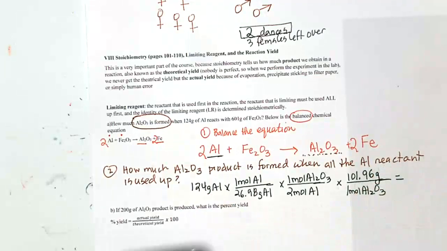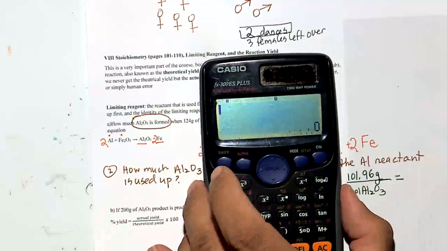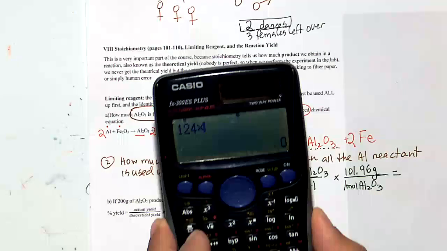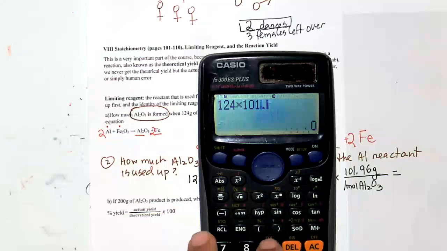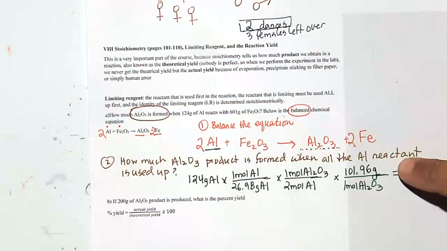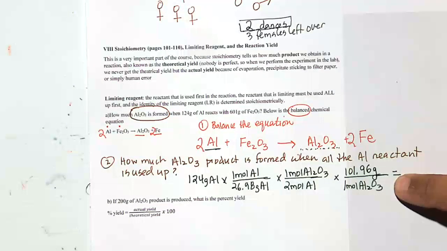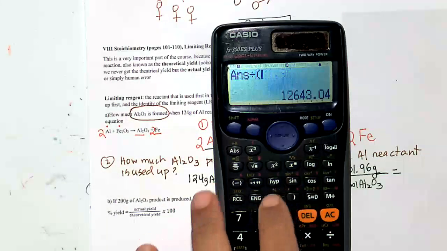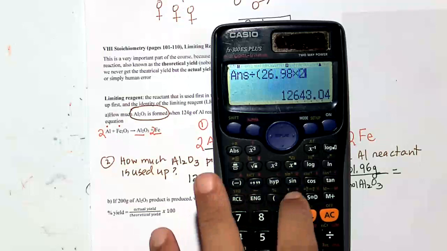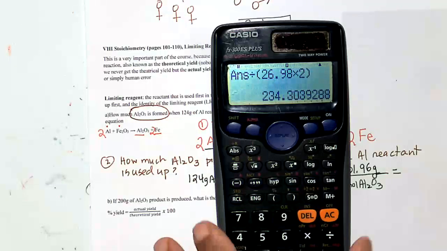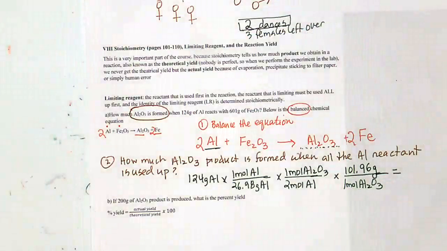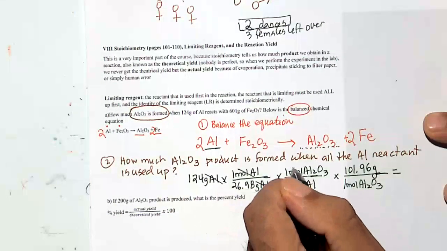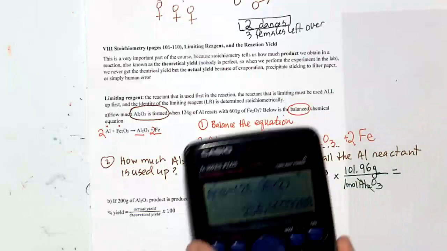So 124 times 101.96 divided by 26.98 times 2. And by the way, the grams and moles cancel.